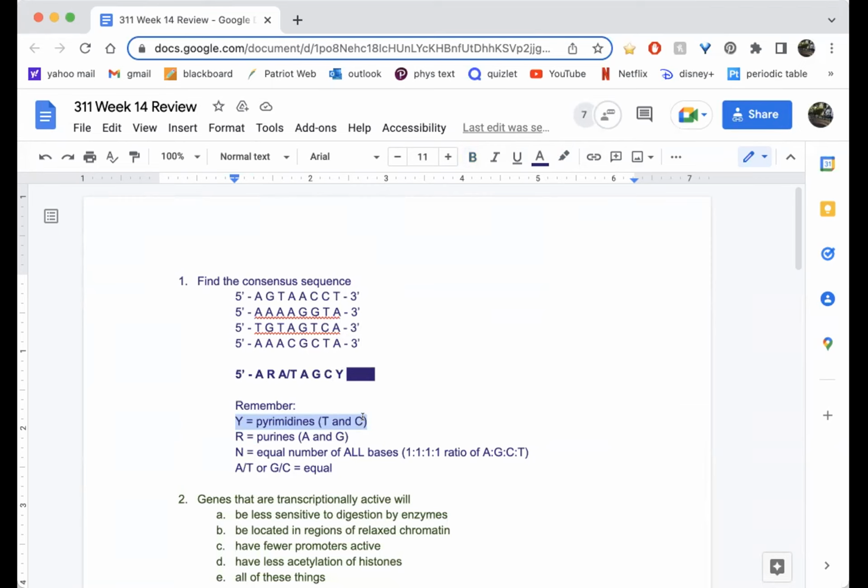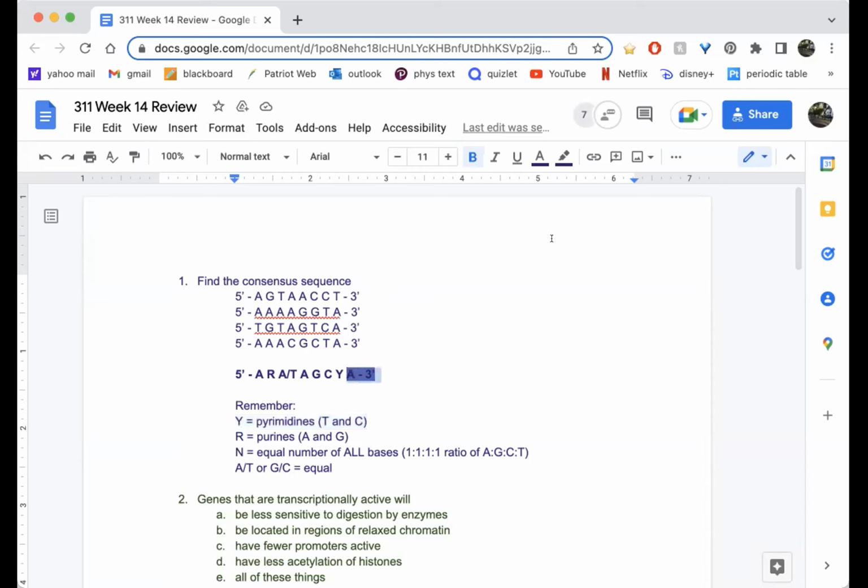So we would have Y. And while C/T could be correct, Y is much more specific. And so that's the answer that we would be looking for if you were to be asked something like this on an exam. And then the very last one, we have TAAA.